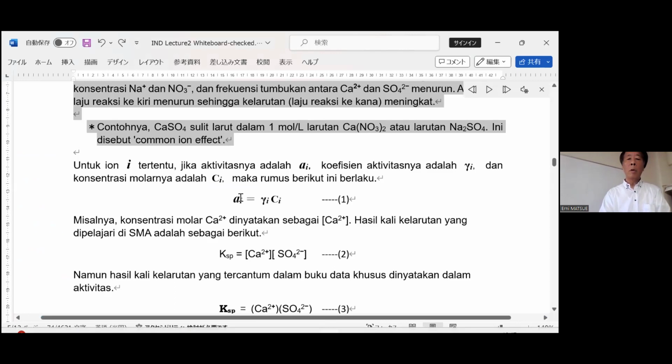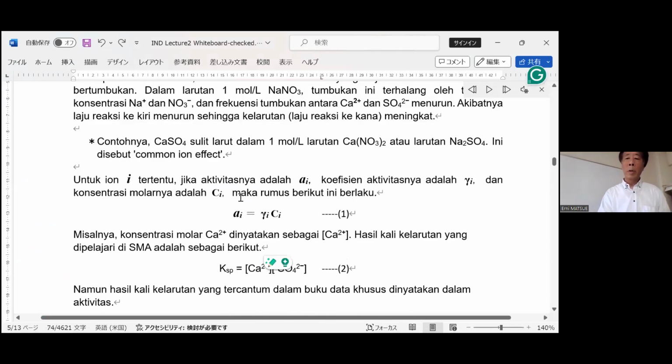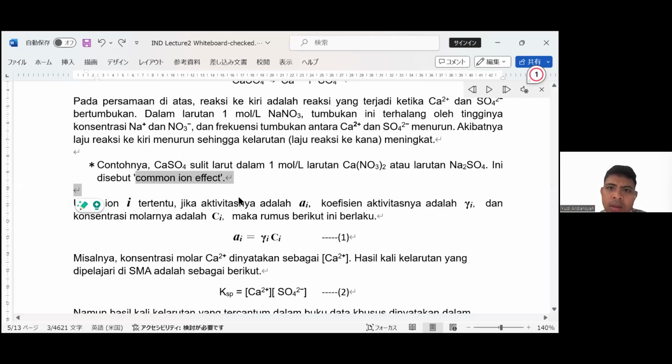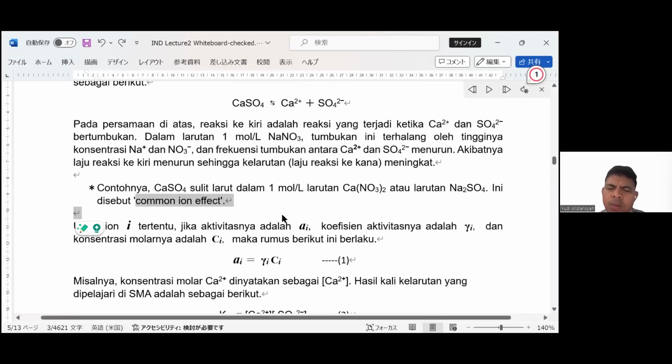Do you know the common ion effect? Students, yes or no? Please think, and explain it in Google Translate before the common ion effect. This is the common ion effect.